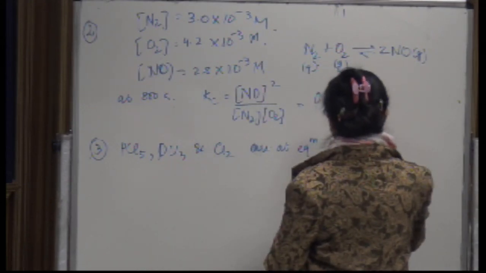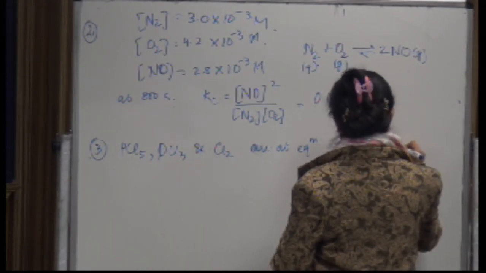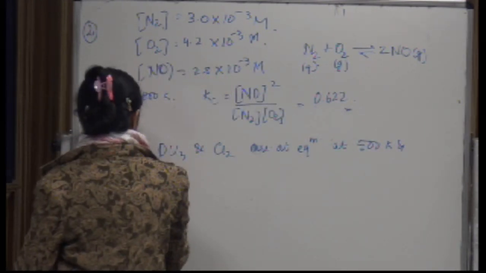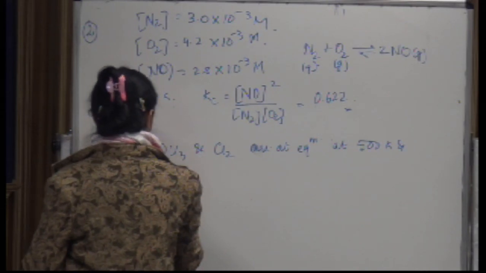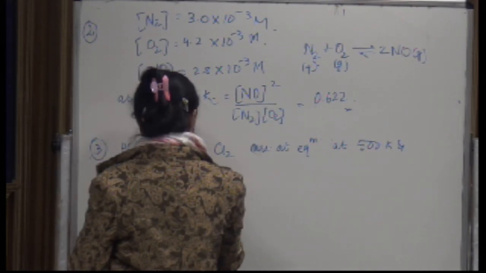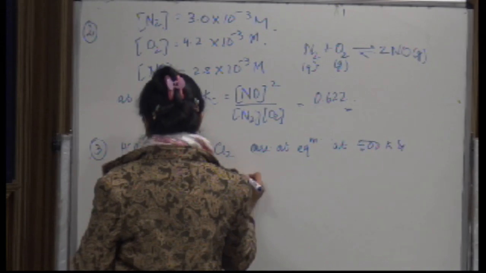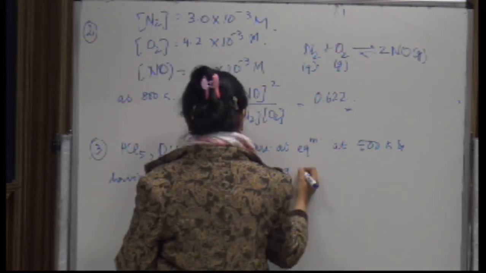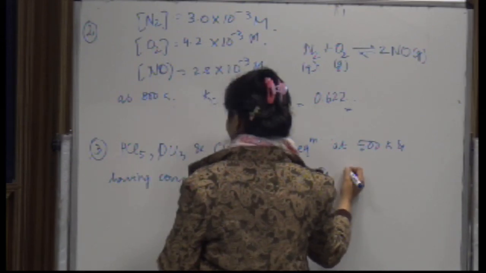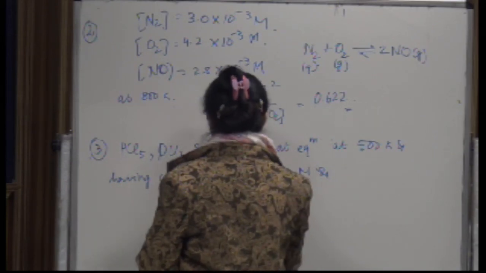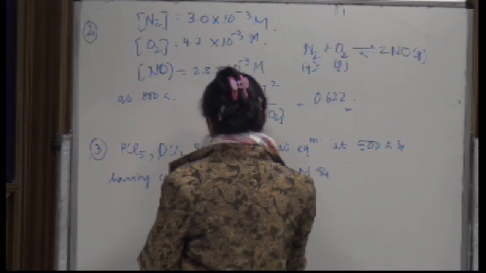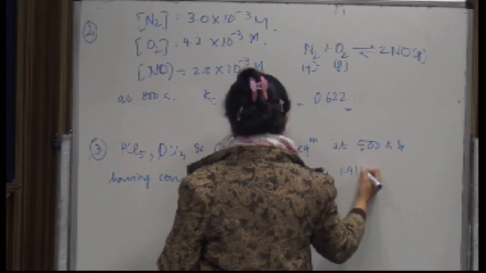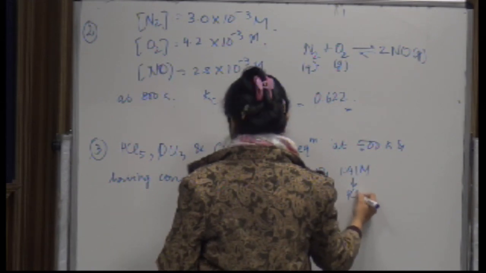at 500 Kelvin, okay? They are at equilibrium at 500 Kelvin and having concentrations of 1.59 molar, 1.59 molar and 1.59 molar for PCl3, 1.59 molar for Cl2 and 1.41 molar for PCl5.